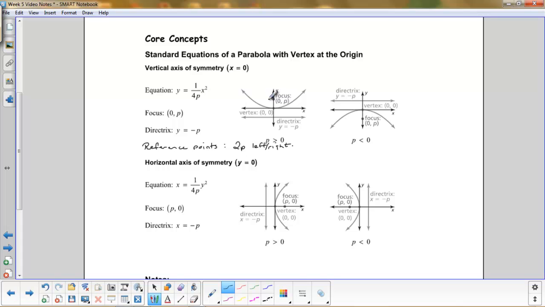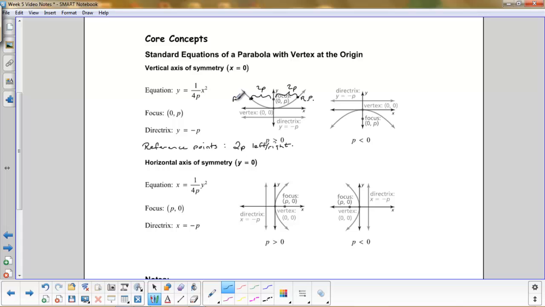So if I were to come over here, this distance right here is the distance 2p. This distance likewise from here to here to this point is also 2p. And these are known as your reference points.